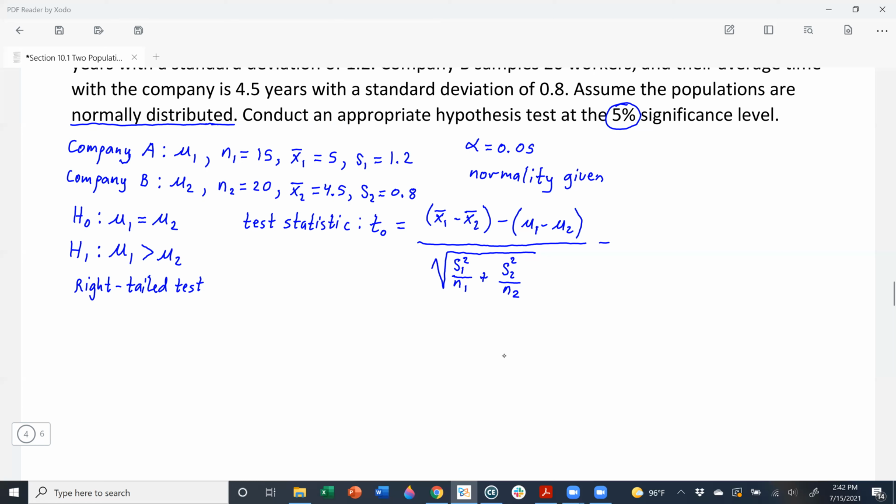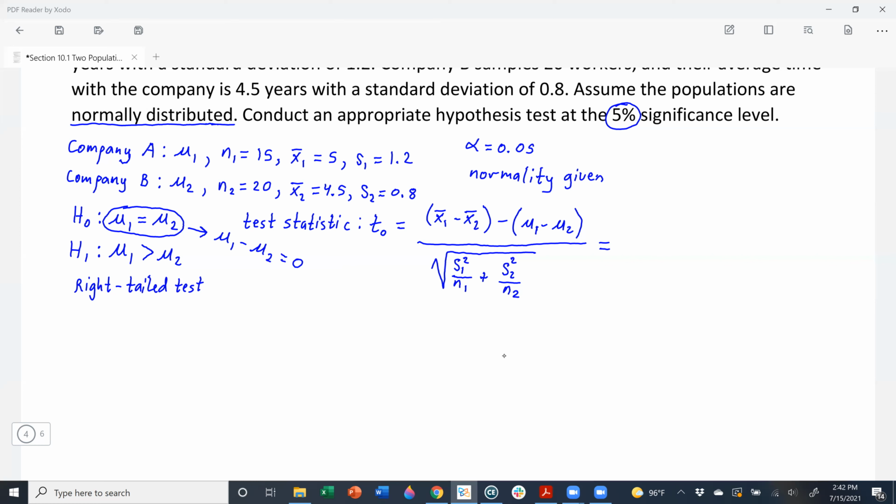Okay, so as we go ahead and plug this in, it's really important to note that with that null hypothesis, with this assumption about the population means, mu1 equals mu2, that's actually the same as if I subtract mu2 from both sides. That's exactly the same as mu1 minus mu2 equals 0.